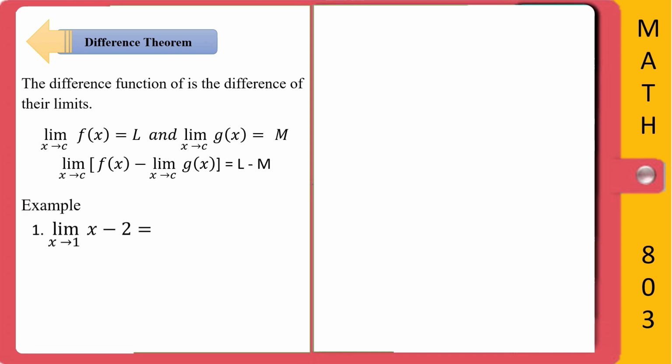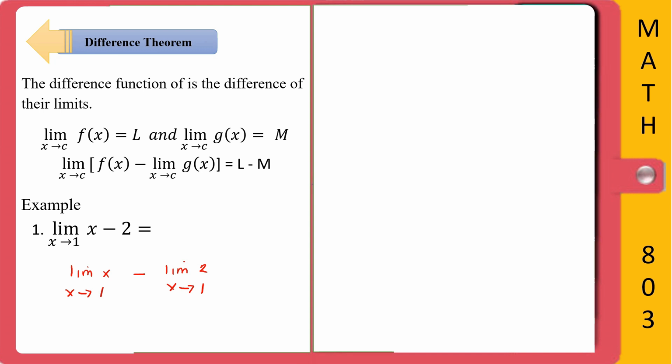Now applying this theorem, we have the limit of x minus 2 as x approaches 1. Now we need to distribute the limit as x approaches 1 to each term. So it becomes the limit of x as x approaches 1 minus the limit of 2 as x approaches 1.